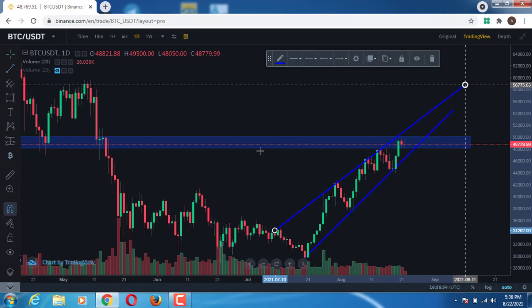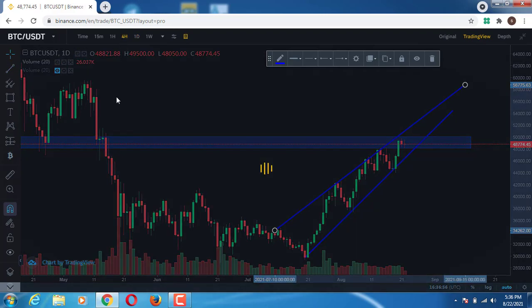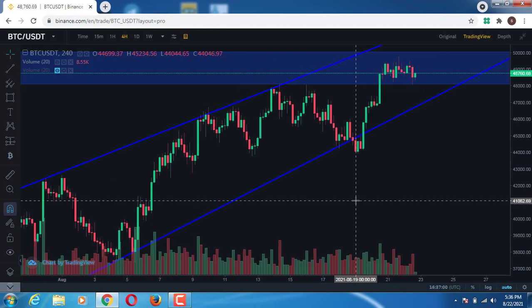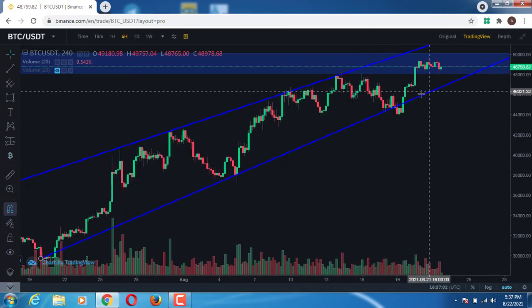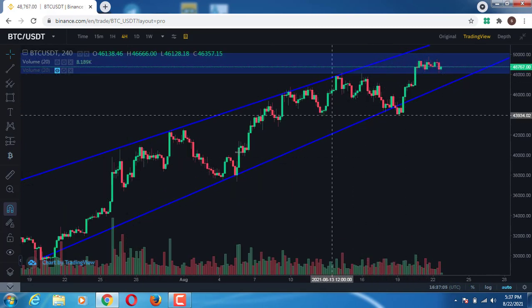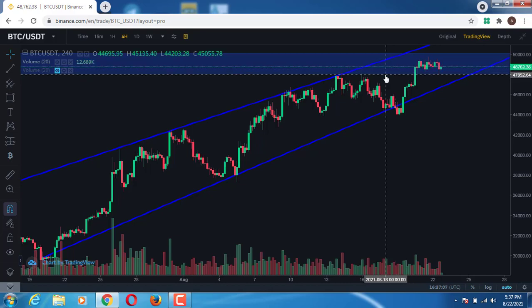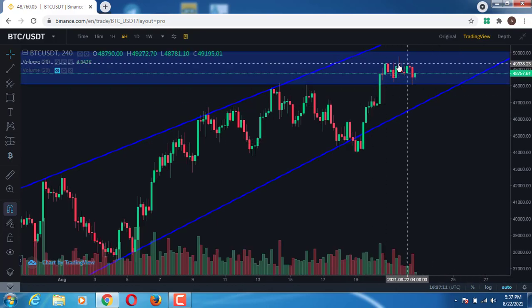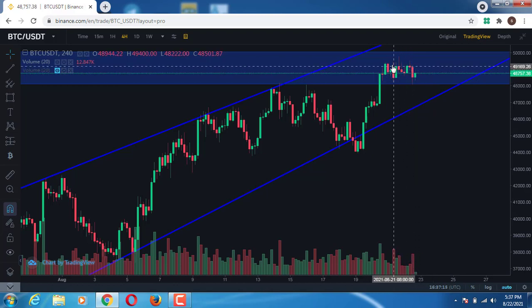Now, if I go back to the four-hour chart, something very significant here. You see the market is already dying off around this area, forming this very wedge, which I also talked about last week. And here we see the market consolidating around this area. Now, something very important is we are expecting the market to break out.